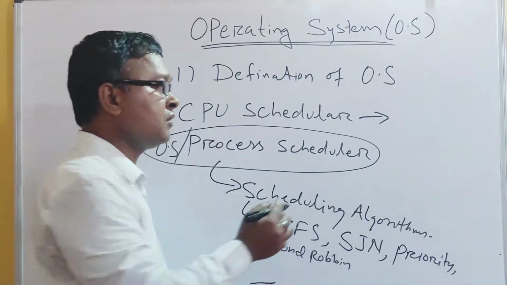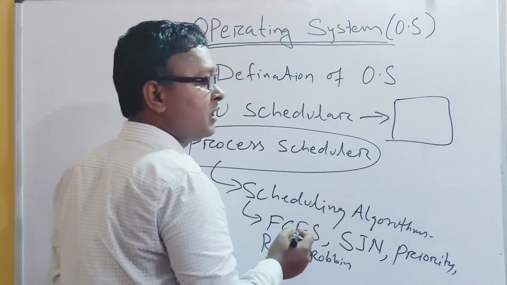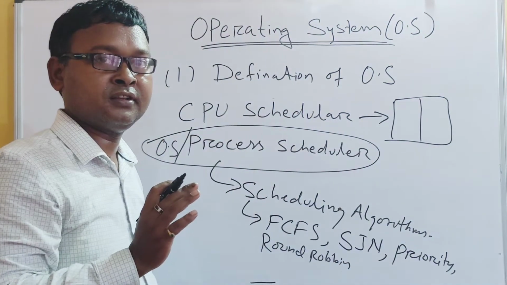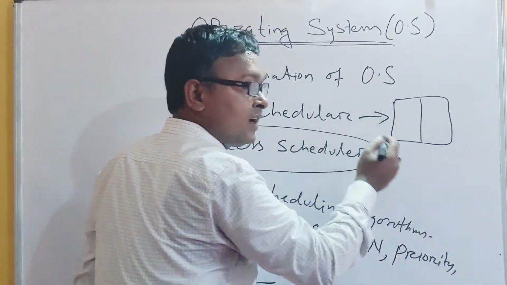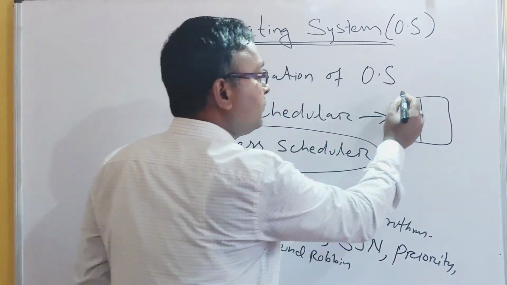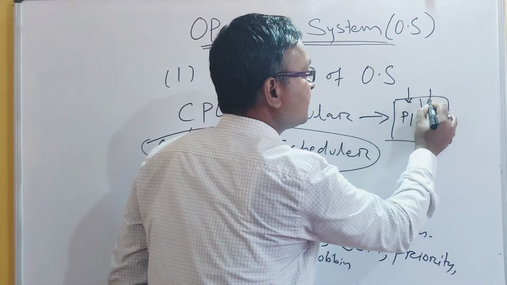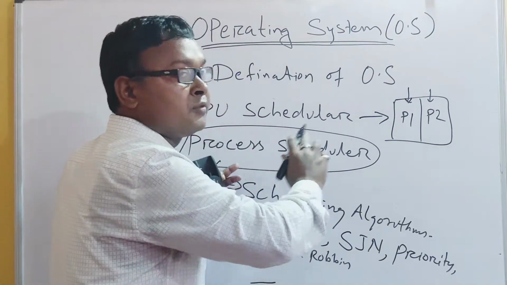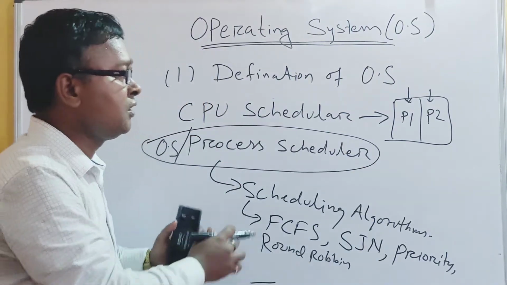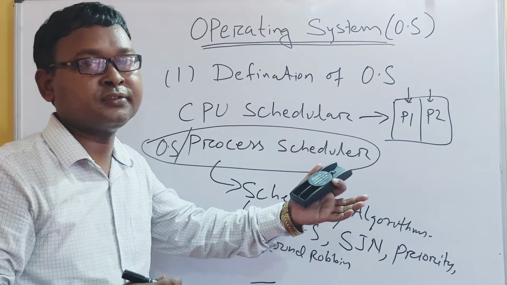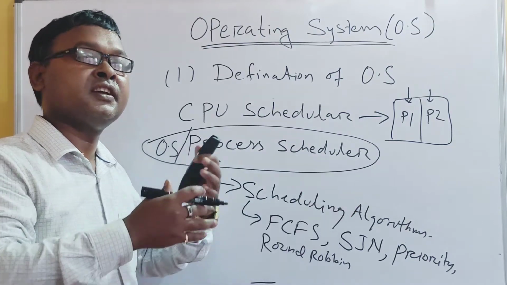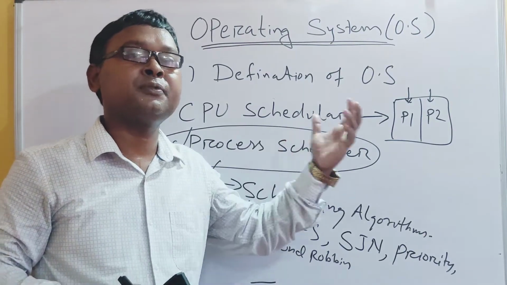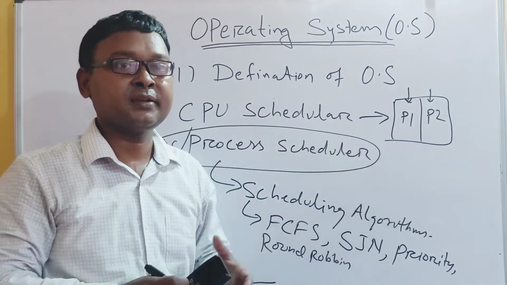If you have used a dual core processor, it has two cores, so at the same time two processes can get executed. With a quad core processor, four processes can get executed simultaneously. With an octa core processor, 8 processes can get executed simultaneously.